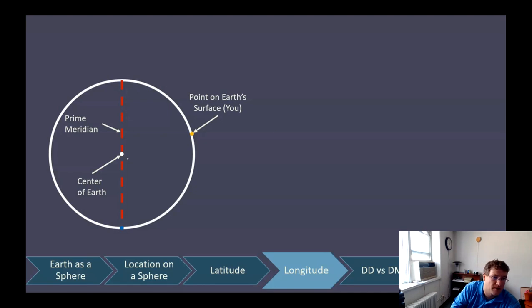We can do largely the same thing we did dealing with latitude: we can take the measure of the angle of U relative to this prime meridian.